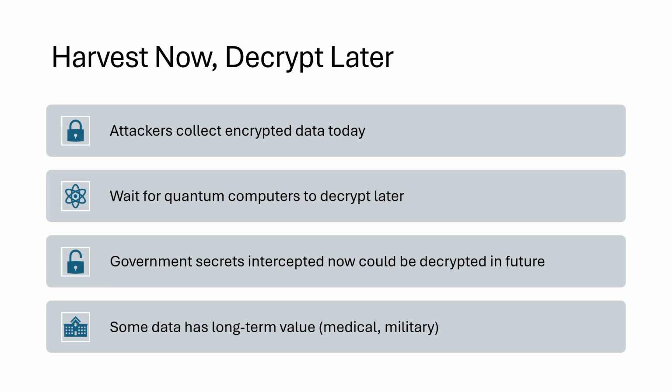Which is no good. Say the lifetime of a classified government secret is 40 to 50 years. That information needs to stay secret for 40 to 50 years. Well, they're using RSA to communicate that classified information. Attackers can store it, and they have the information encrypted.